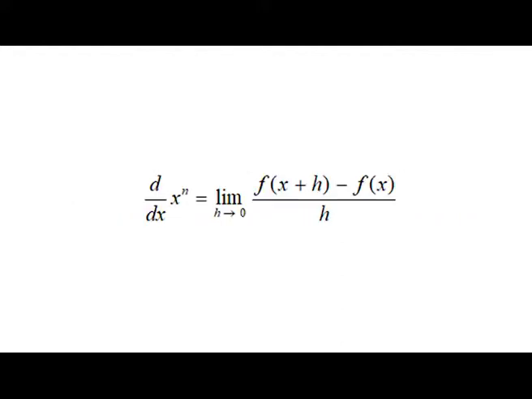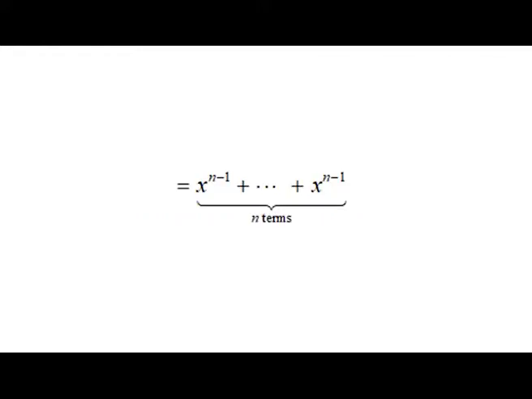Hence, d upon dx of x power n equals limit of f of x plus h minus f of x upon h as h approaches 0, which is equal to limit of x plus h to the power n minus 1 as h approaches 0 plus limit of x plus h to the power n minus 2 into x as h approaches 0 plus etc. plus limit of x plus h into x power n minus 2 as h approaches 0 plus limit of x power n minus 1 as h approaches 0, by sum rule of limit of function, which is equal to x power n minus 1 plus x power n minus 1 plus etc. plus x power n minus 1, n terms, which is equal to n times x power n minus 1.